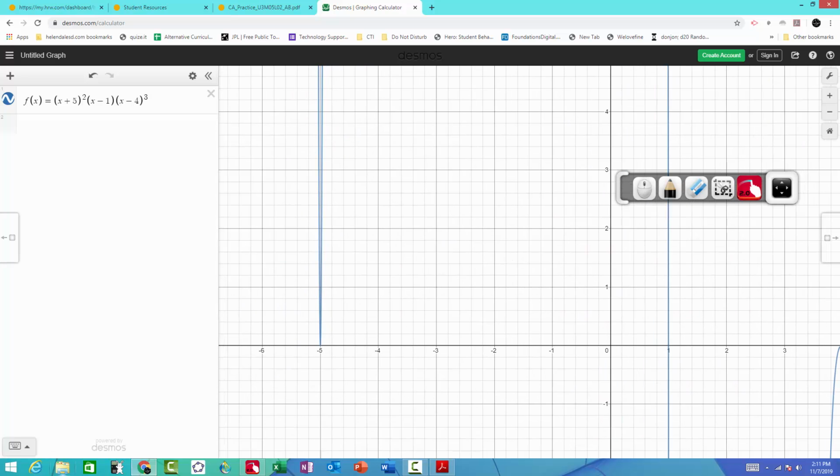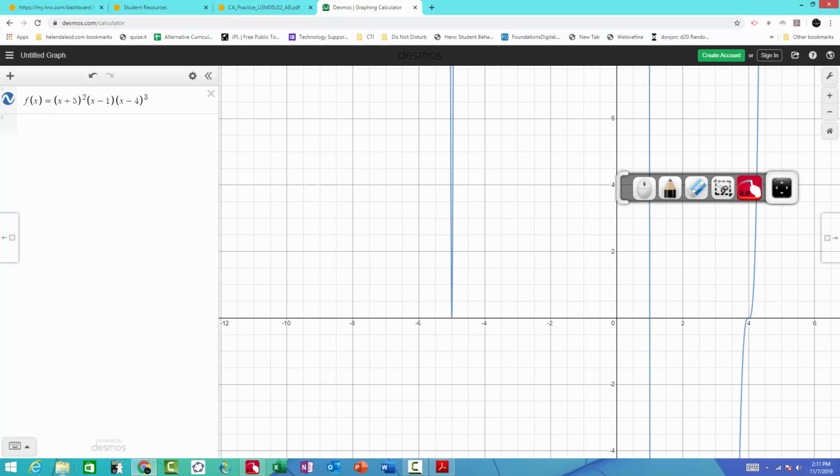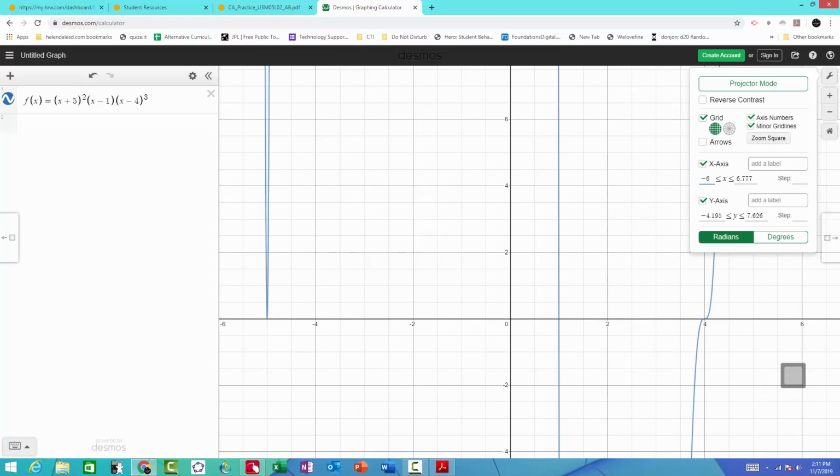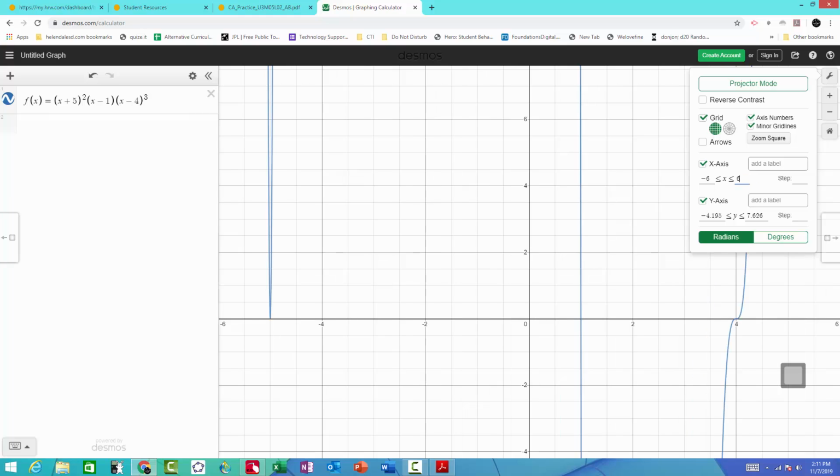So let me actually change this, because mine's a quick sketch. I'm going to have to adjust my x-axis. I'm going to go from -6 to 6. And I'm going to make my y-axis really huge.